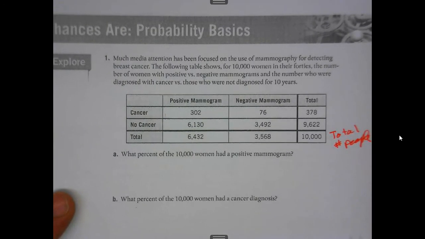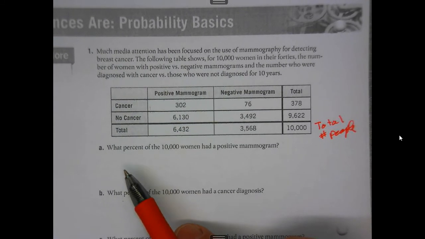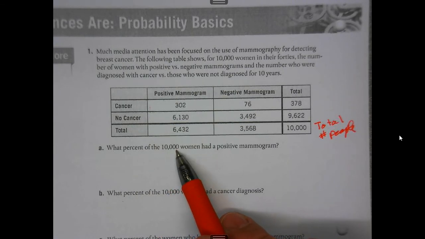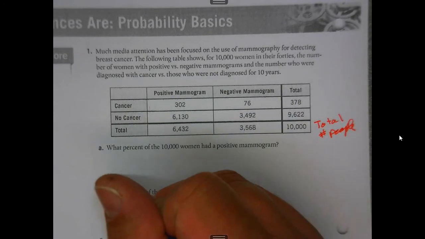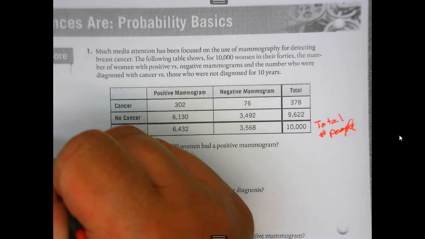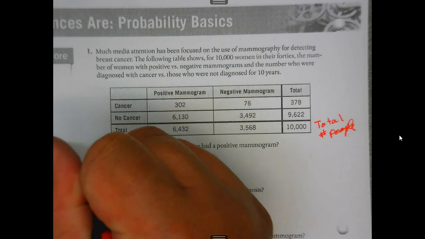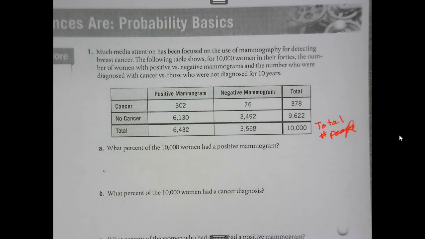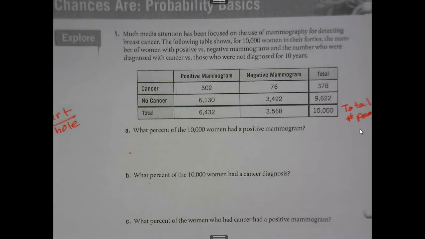Okay, so let's take a look at number one, where they're asking what's the percentage of the 10,000 women, that's our total. So our total, remember we're kind of going off the old assumption here of part over whole, although there are multiple ways to find probabilities here.